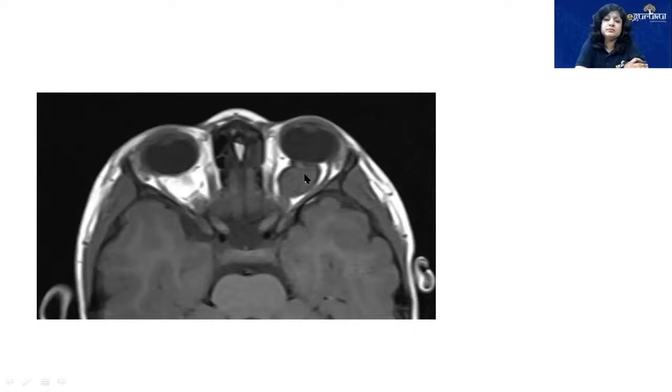The important point is that it has to be differentiated from optic nerve sheath meningioma, where you could see the optic nerve in the center, and it is the nerve sheath that is thickened and enhancing, which is called a tram track pattern, which will not be seen in optic nerve glioma. Always look at the clinical history. The history of neurofibromatosis 1 is given, so the examiner is more likely pointing towards a diagnosis of optic nerve glioma.